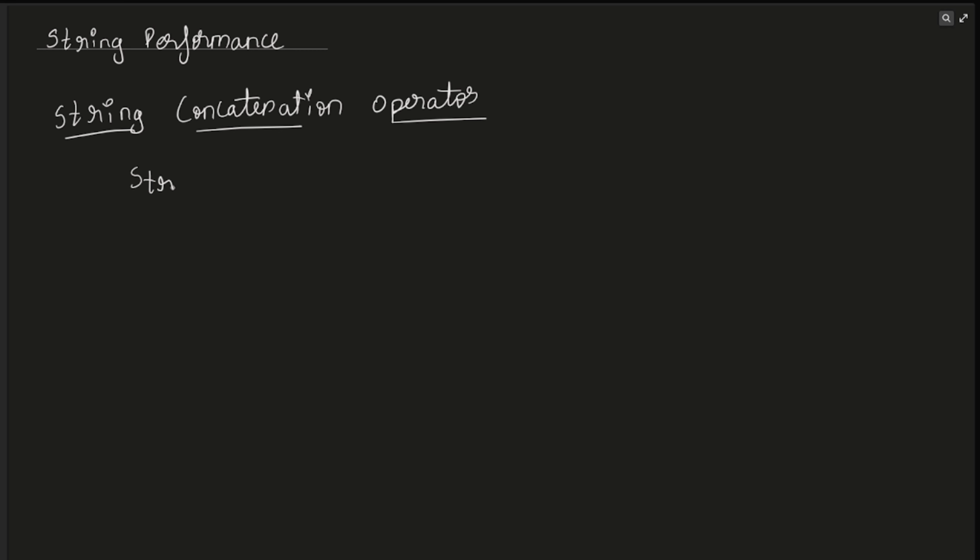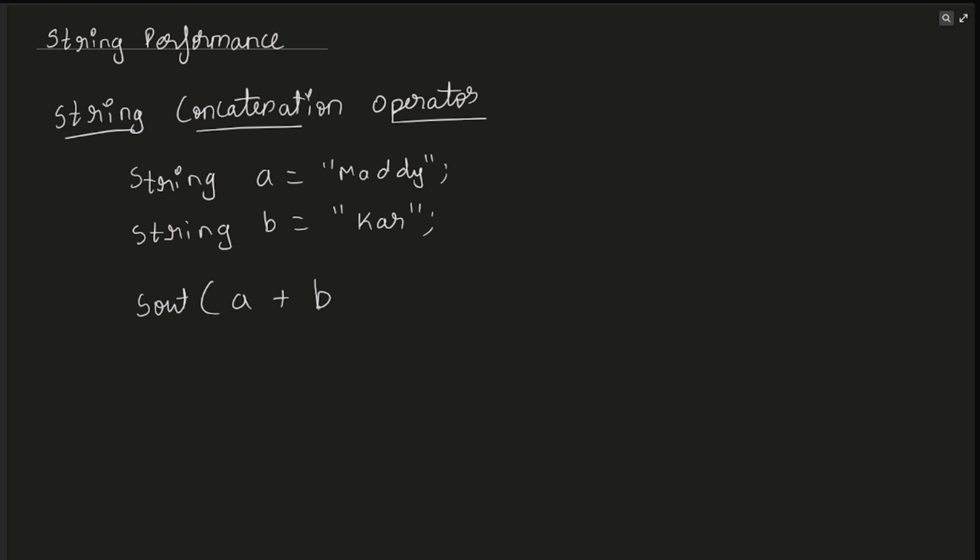We have a string A equals Maddie, string B equals Kar, and whenever we want to print Maddiekar by adding A and B, we can do it this way: A plus B. The output of this will be Maddiekar.